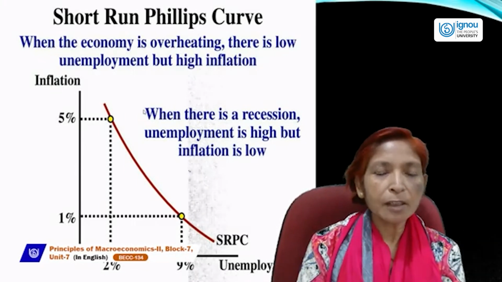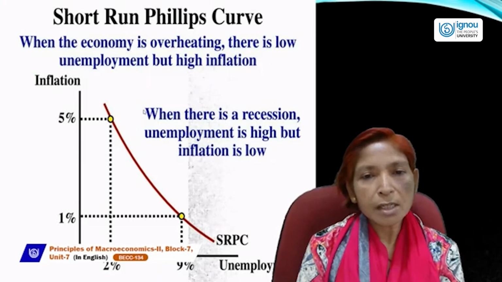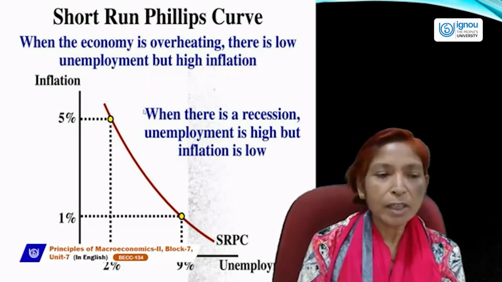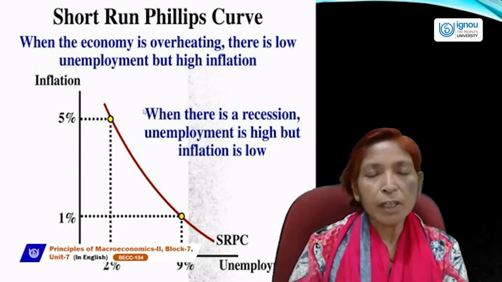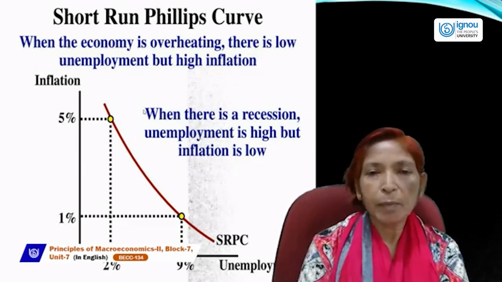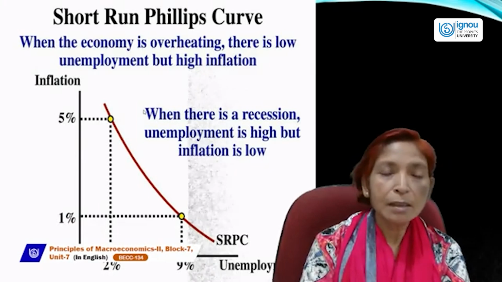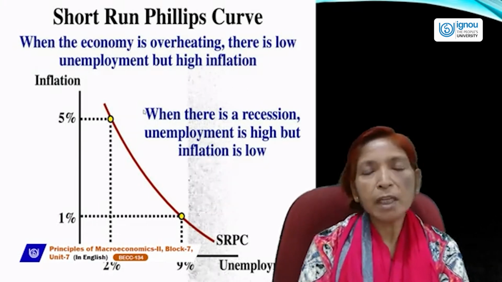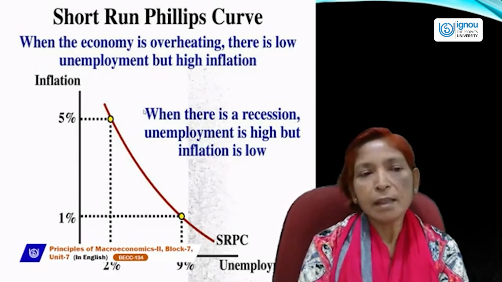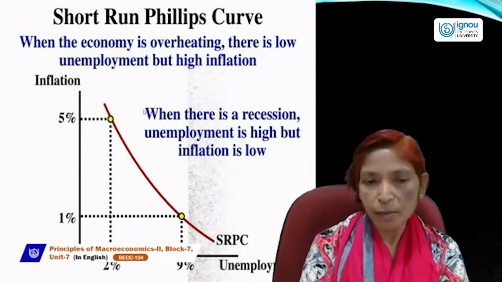So the Phillips curve explains that there is an inverse relationship between inflation and unemployment. If the inflation rate falls, unemployment will rise. If the inflation rate rises, the unemployment rate will fall. When the economy is overheating, there is low unemployment but high inflation.